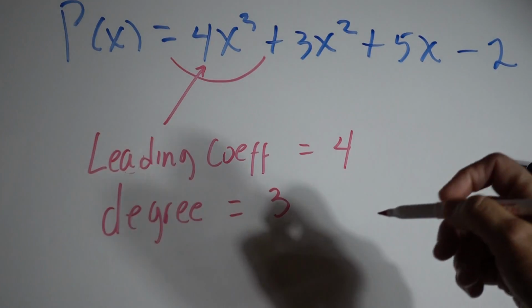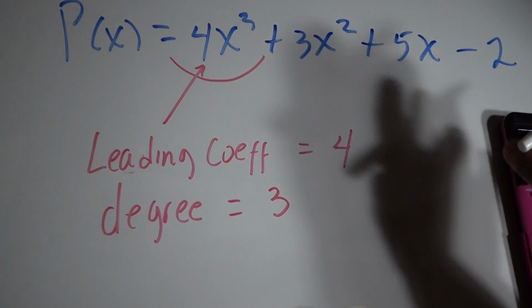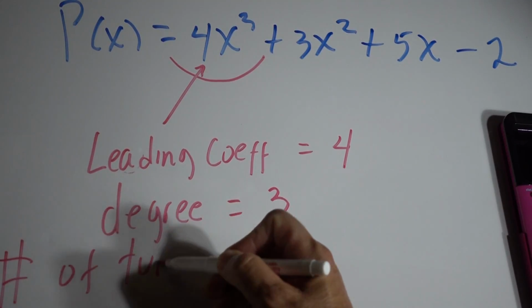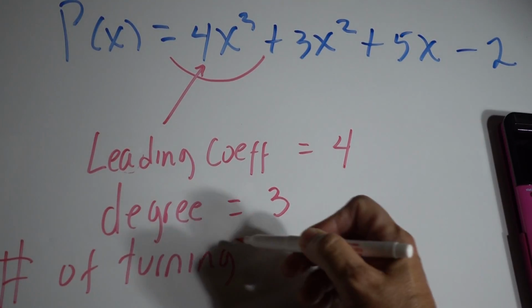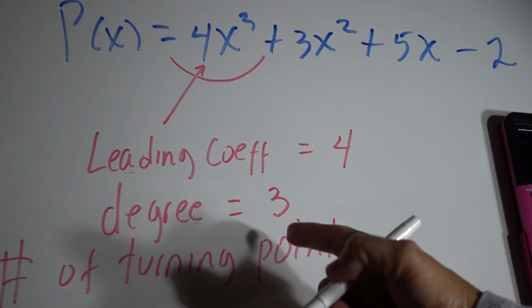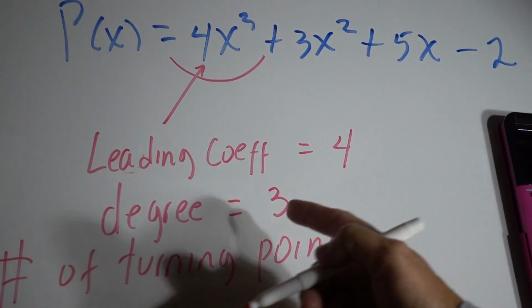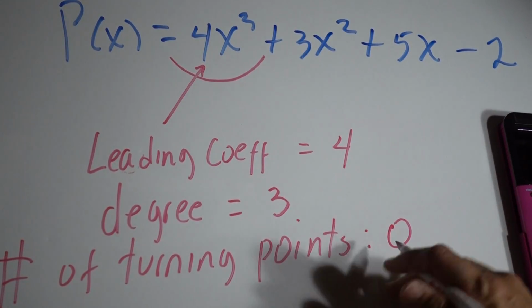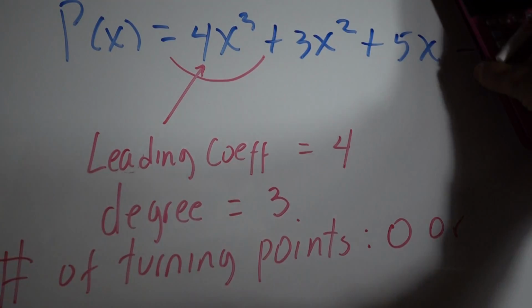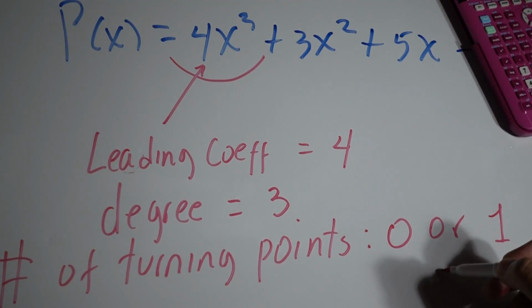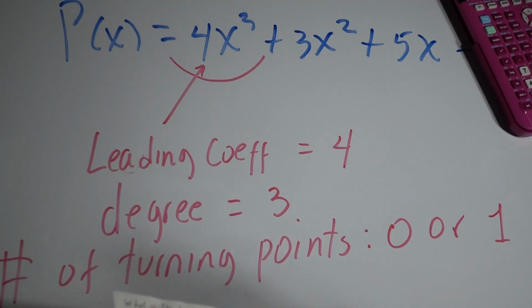Right? And also the number of turning points is going to be no more than 2. So it can be 0, or it can be 1, or it can be 2.